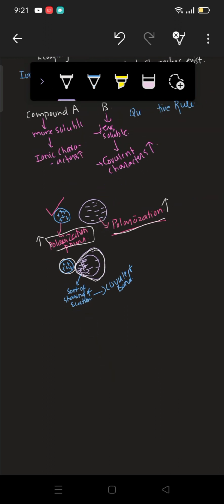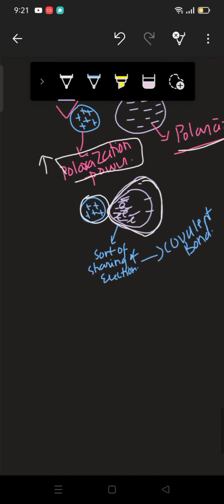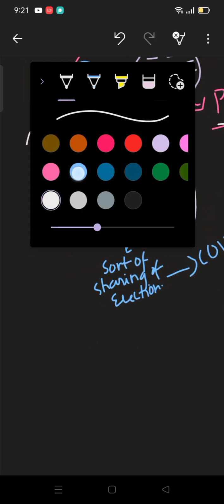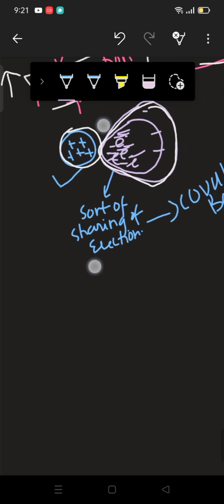Now in today's video we are going to study some conditions of cation. Initially we'll study the conditions with respect to cation first, and then we will discuss anion conditions, right? As we know, cation will have polarizing power, which means the more polarizing power there is in the cation, the more covalent character there will be.